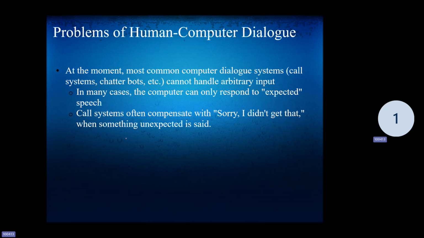For example, if a two-year-old child gives input in voice format, then it's very difficult for Alexa to understand the query, so it will compensate by giving the answer, "Sorry, I didn't get that." Or if I am saying something to Alexa in a mixed language, it shows, "Sorry, I didn't get that."